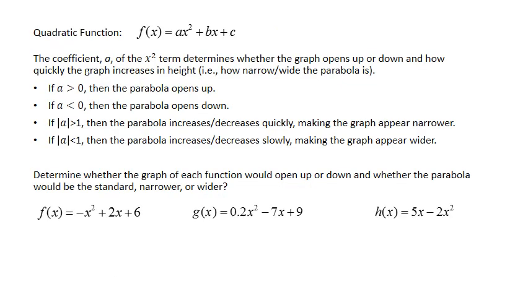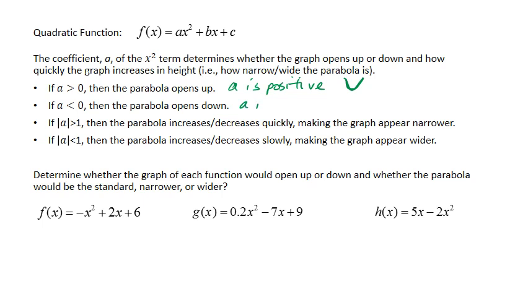Using Desmos, we saw that the coefficient a of the x squared term determines whether the graph moves up or down and how quickly it increases in height. In other words, how narrow or wide the parabola is. In particular, we saw that when a is positive, greater than 0, then the parabola opens up.